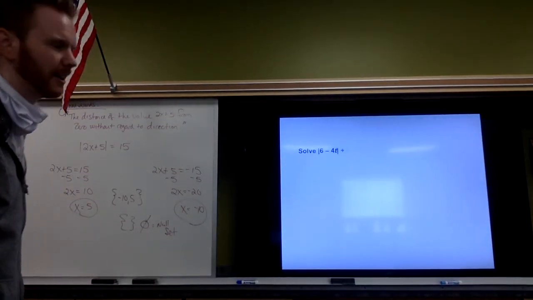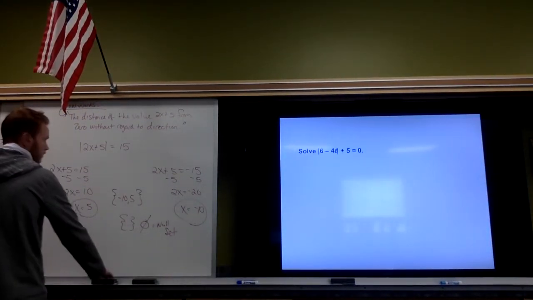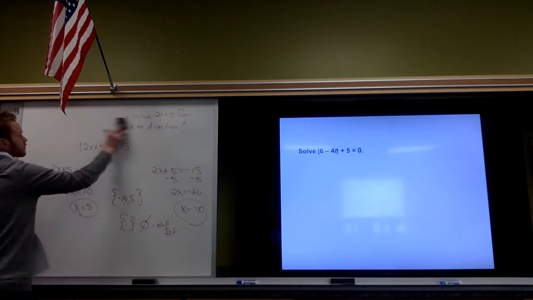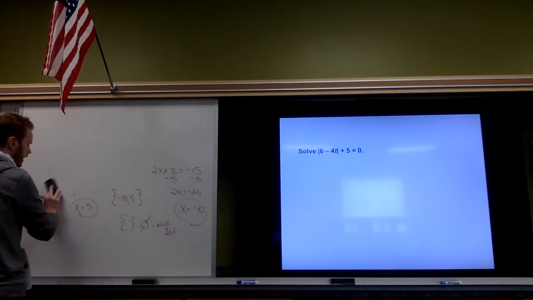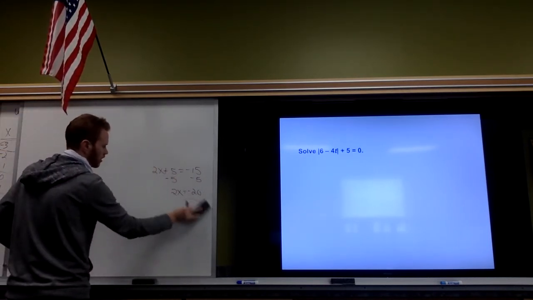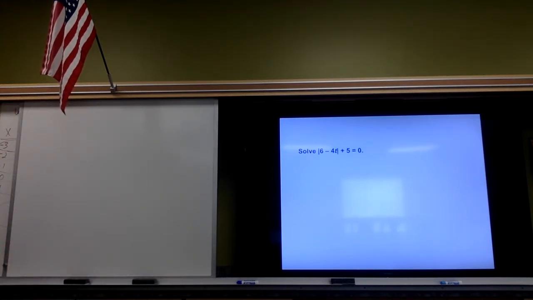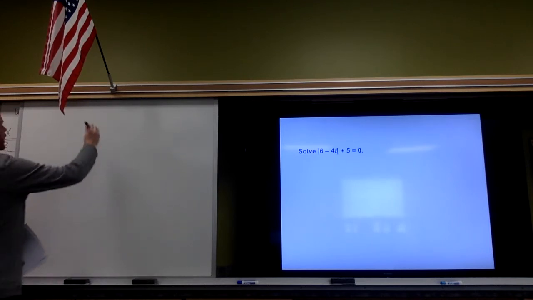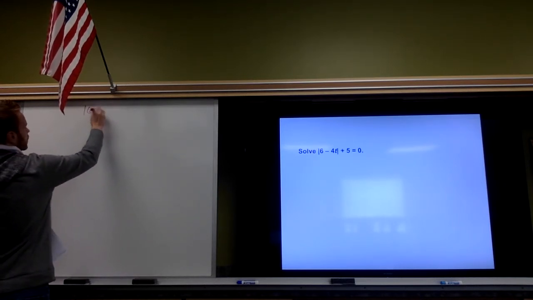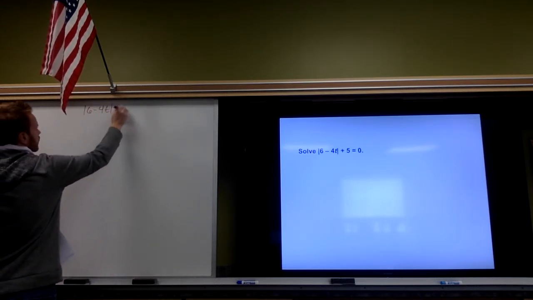So let's try this problem. I don't know if you could see this already. Maybe a little foreshadowing, but this won't have a solution. Why is that? Well, think about it.